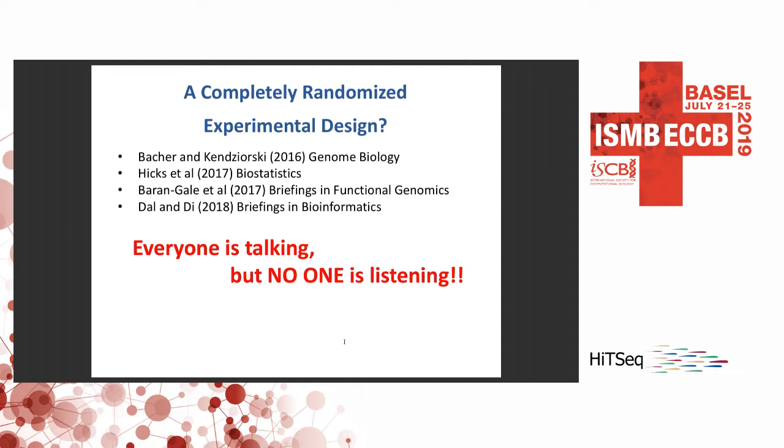Imagine we want to conduct single-cell RNA sequencing experiments for 10 patients. What does a completely randomized experimental design mean? It means we need to collect the cells from all these 10 patients, then randomize them to different batches, and send each batch to sequencing. This can be a little bit impractical due to budget and time limits.